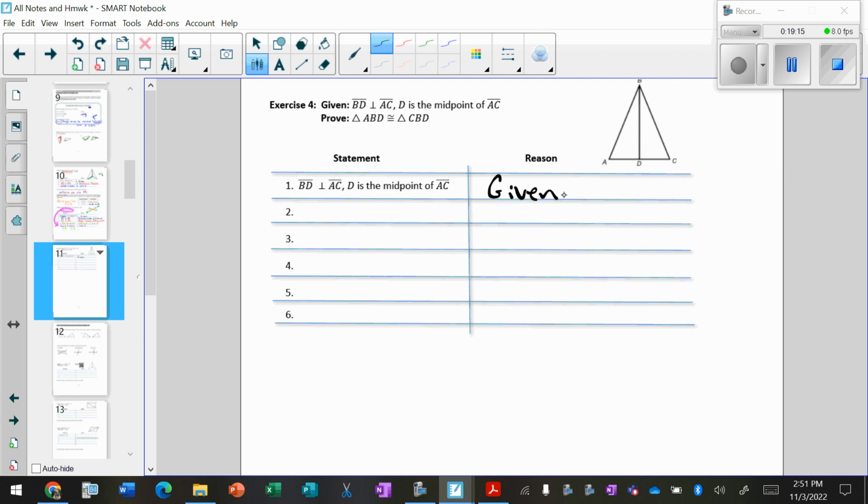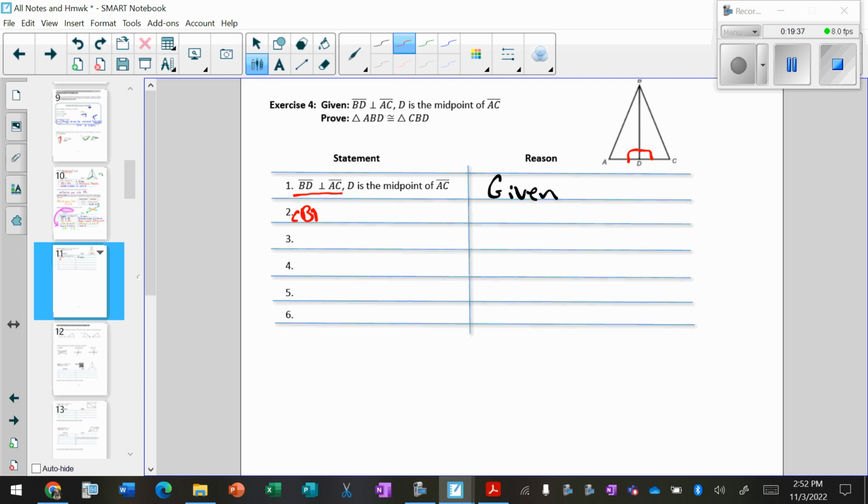Okay, here we go. So I'm going to do the perpendicular first only because it was listed first. It wouldn't really matter. Definition of perpendicular: two lines that intersect to form a right angle. So my right angles would be BDA and BDC.